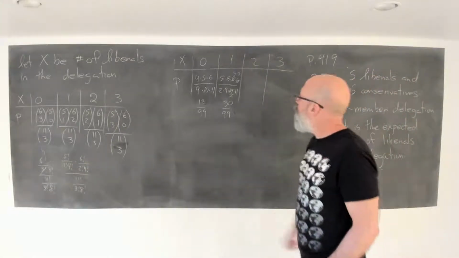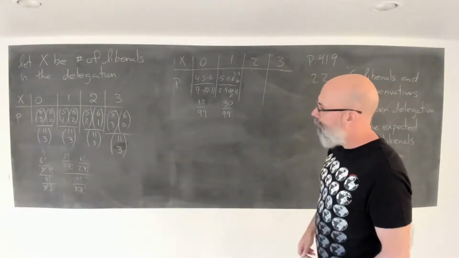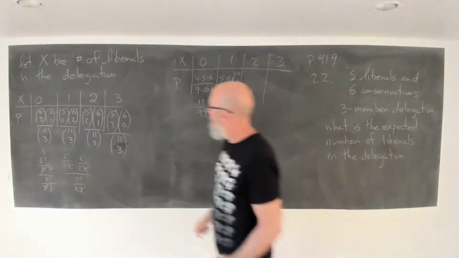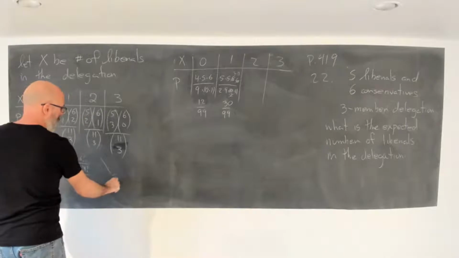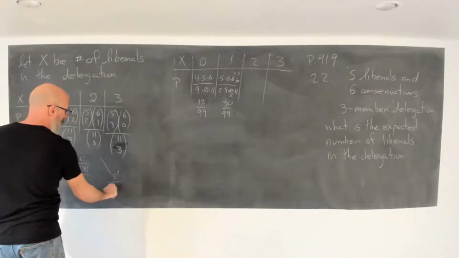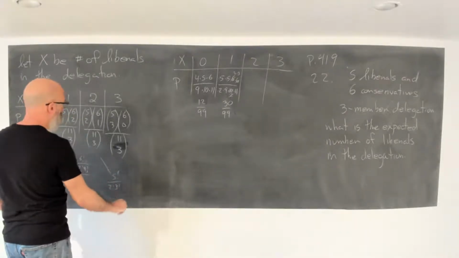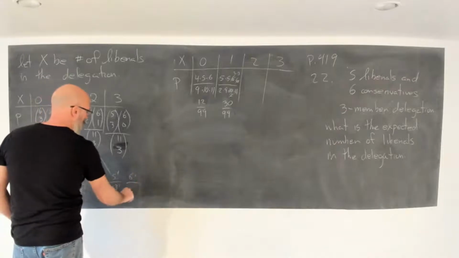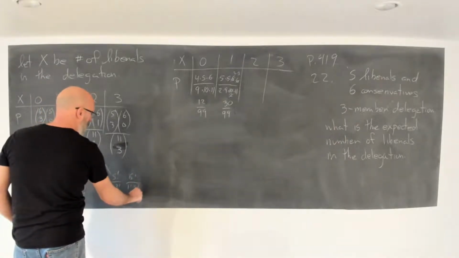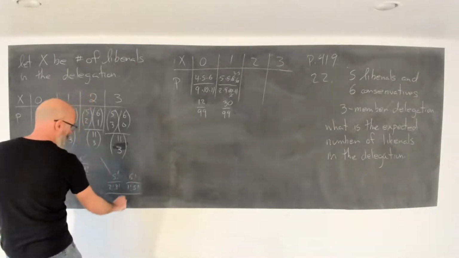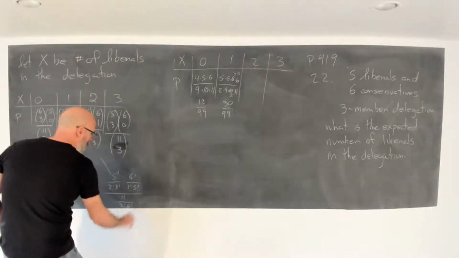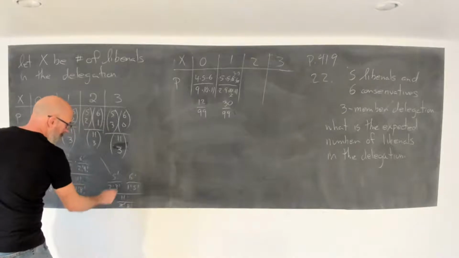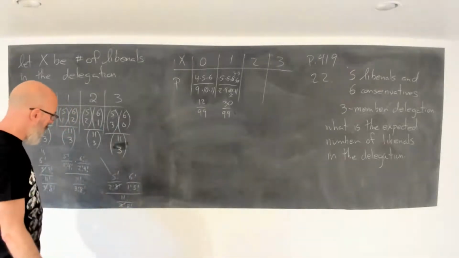For the 2 business, 5 factorial over 2 factorial 3 factorial, 6 factorial over 1 factorial 5 factorial, over 11 factorial over 3 factorial 8 factorial. Let's cancel this and that.